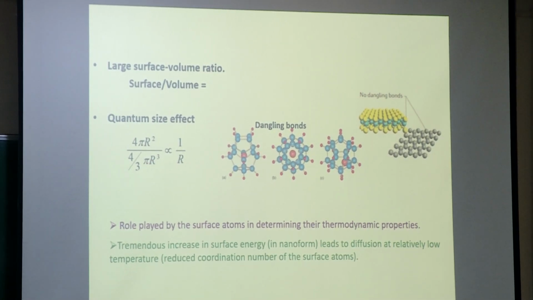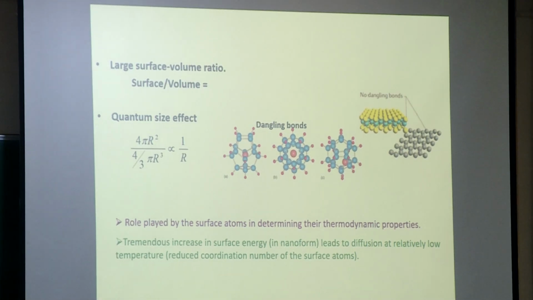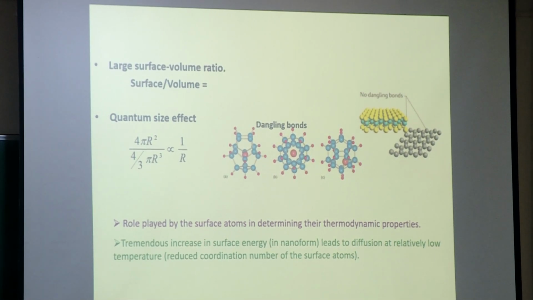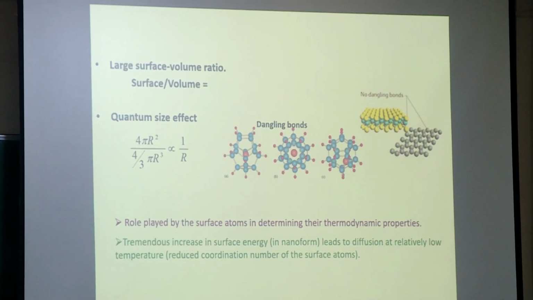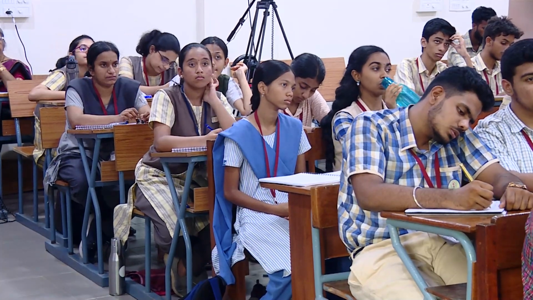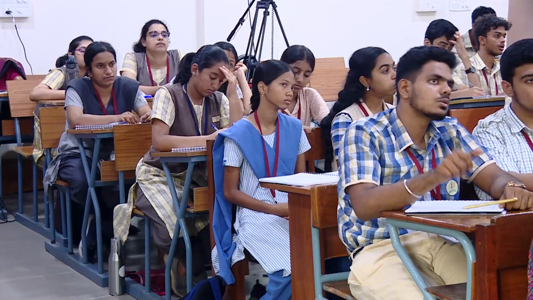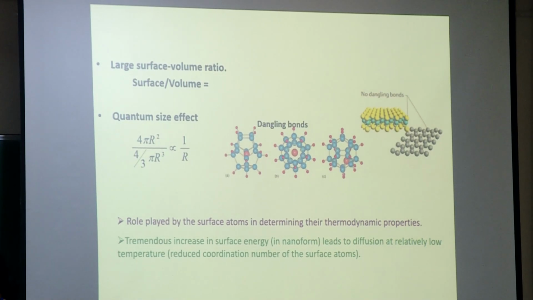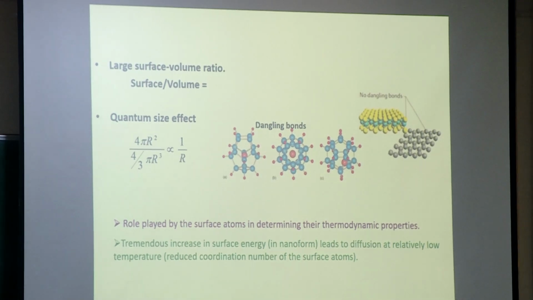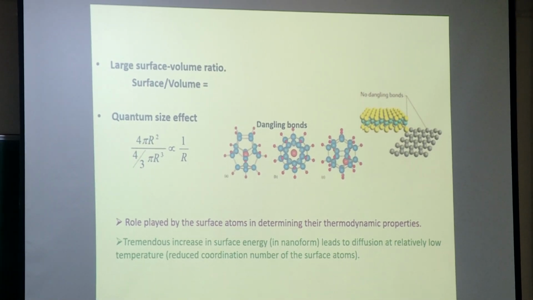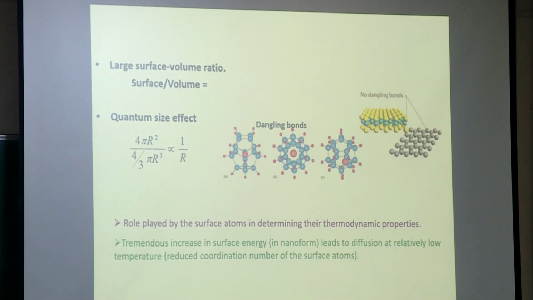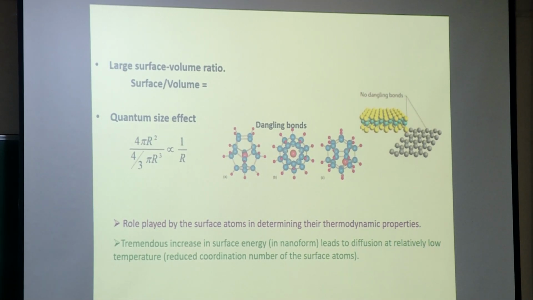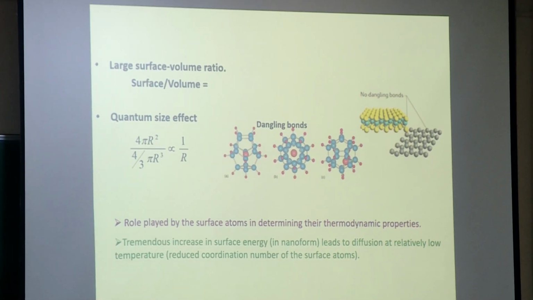Okay. Other than that, there are other effects. Depending on which material you use and what size you have gone down to, there are many other effects which come into play, and one of them is the quantum size effect, where as you go on decreasing the size, what you see is the energy levels. Initially we were discussing a continuous conduction band composed of very closely lying energy levels.